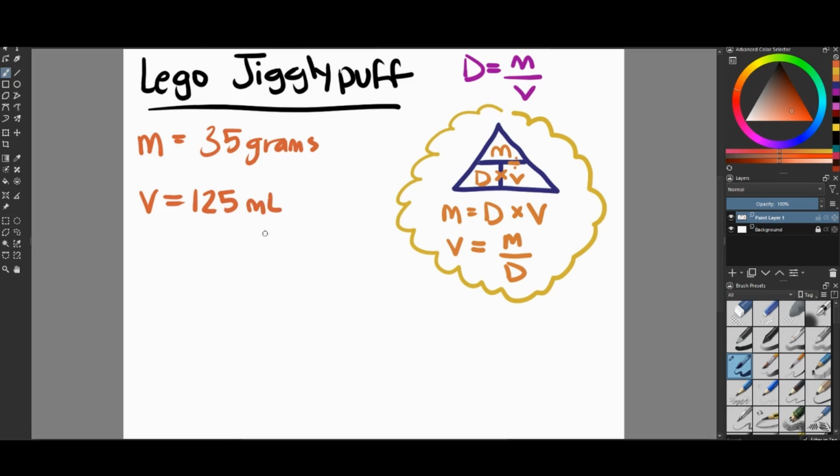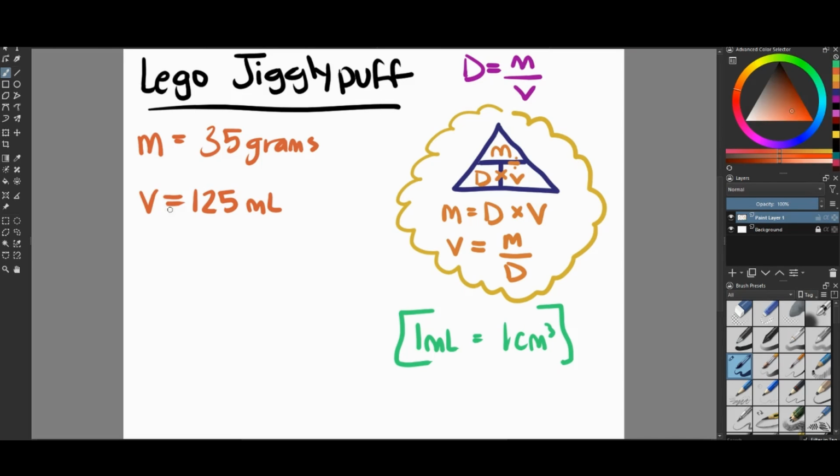Now, something that I didn't say previously, milliliters are actually comparable to cubic centimeters. So that means that if we have 1 milliliter, we also have 1 cubic centimeter. So if you ever see something written in cubic centimeters and you need to convert it to milliliters, just know that they are the exact same.